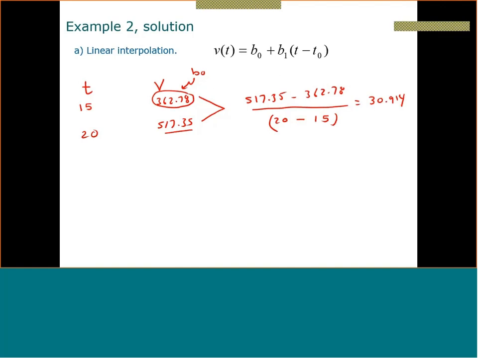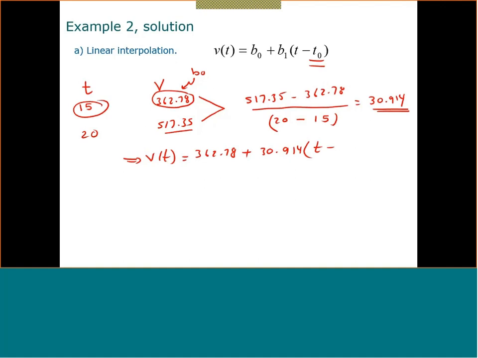So my V of t is equal to B0, which is 362.78, plus my B1, which is 30.914, times t minus t0, which is 15. So this is my equation.